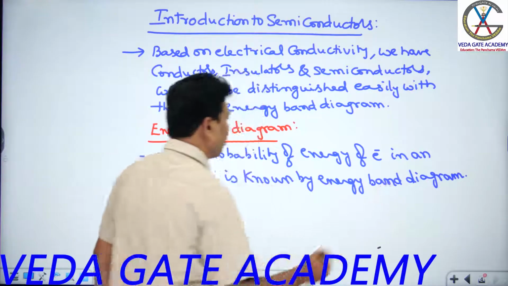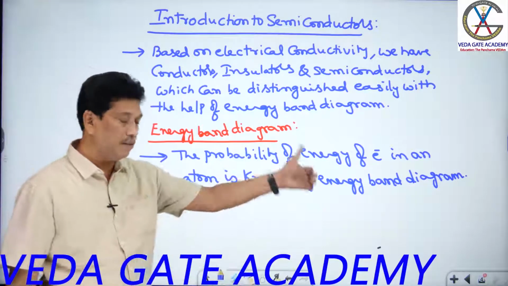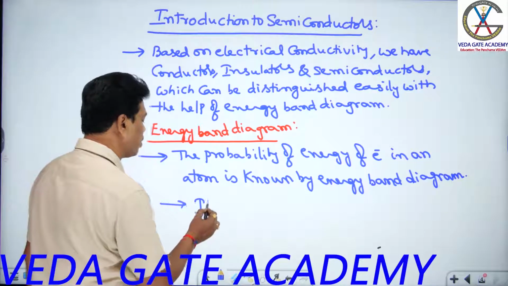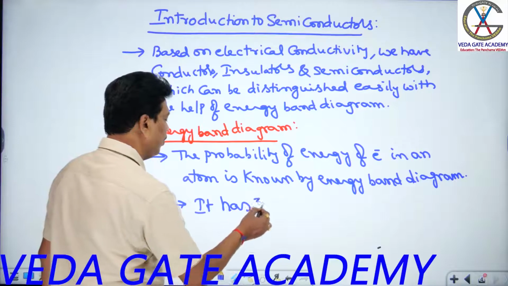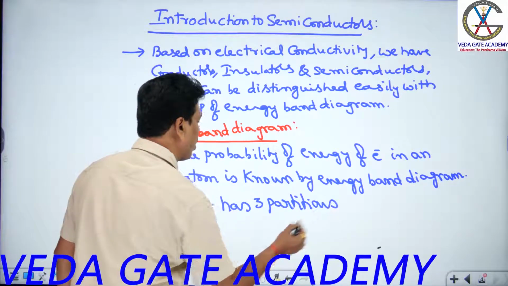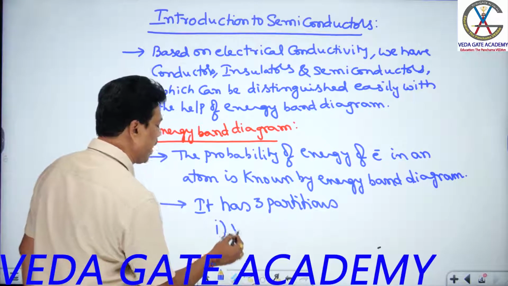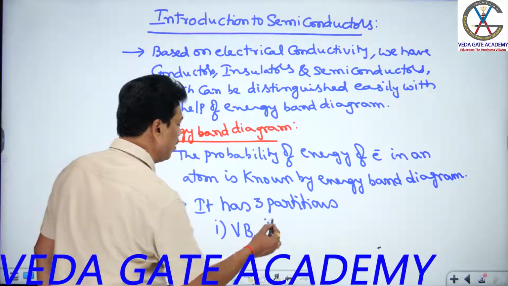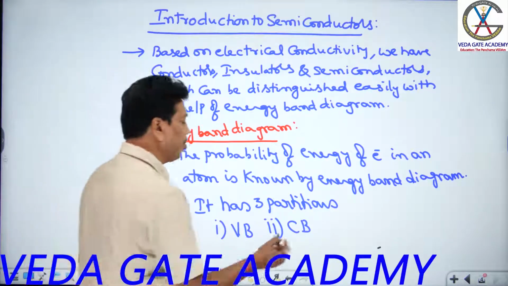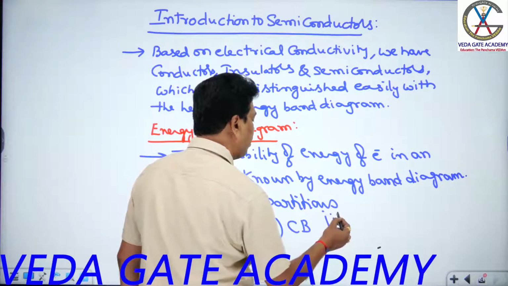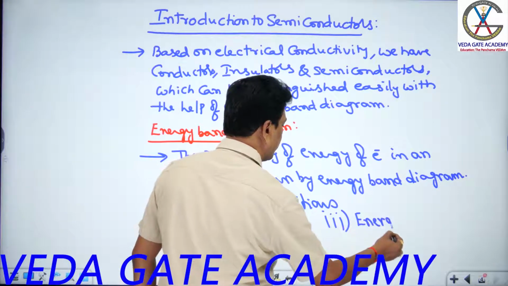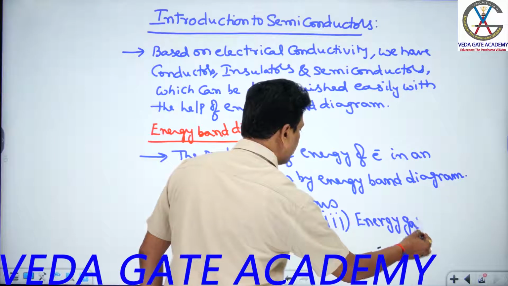In a given atom, the probability of energy of an electron is known by the energy band diagram. It has three partitions: the valency band and the conduction band. CB means conduction band, VB means valency band. These are separated by a gap called the forbidden energy gap, simply called the energy gap, students.